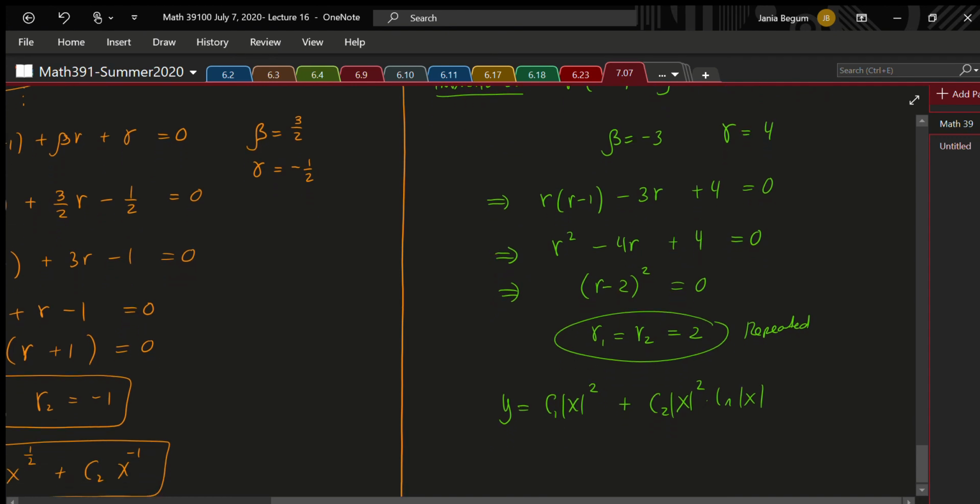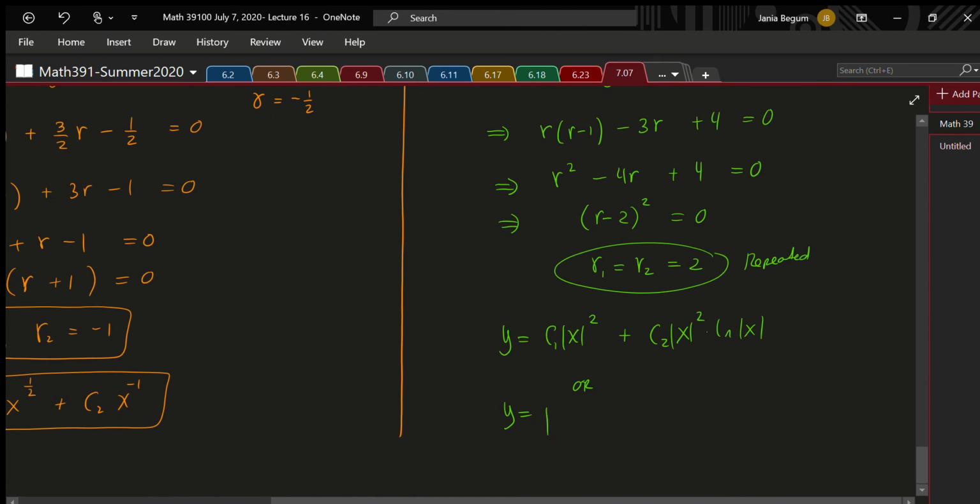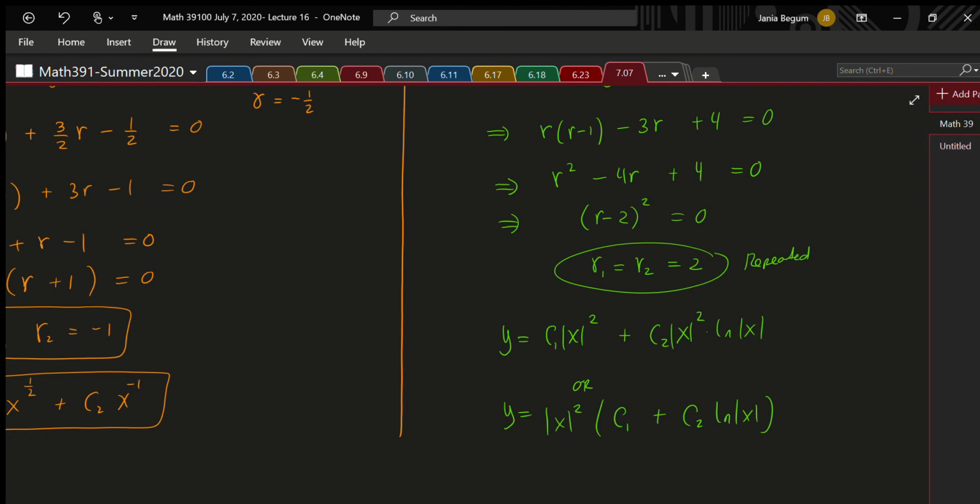Now if you want to write this in a fancier way, you can factor out x to the 2, so we have y equal to x to the 2 times (c1 plus c2 ln of x in absolute value). Or you can write it the other way, not a big deal which way you write it. You can factor out the common term or you can leave it in there. Any questions on this one?